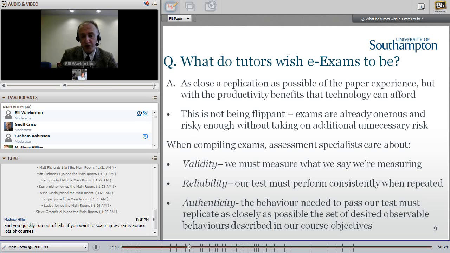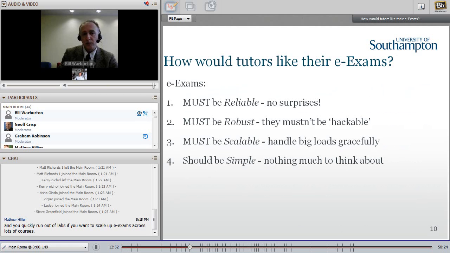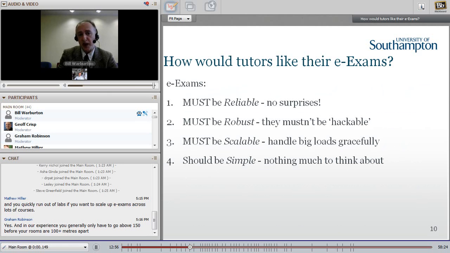But in fact, when it comes down to looking at the electronic rendition of an exam, the things that come out above all are reliability: we don't like surprises in exams. They must be robust, with no worries about students being able to, for example, browse the internet or use instant messaging.